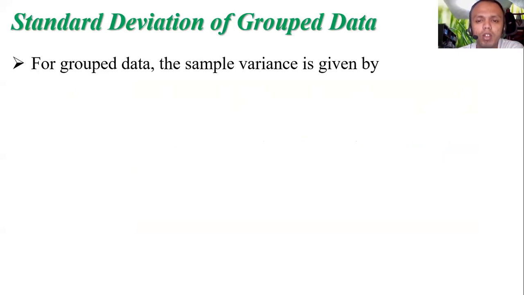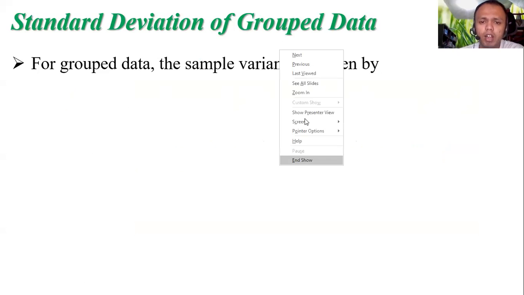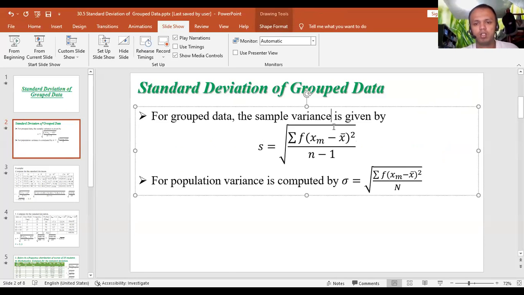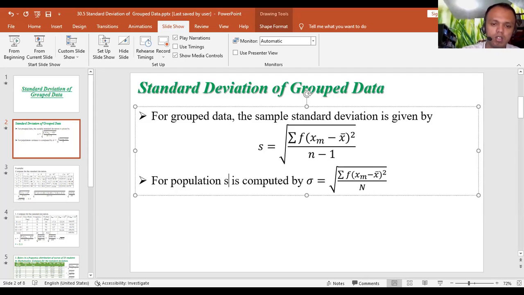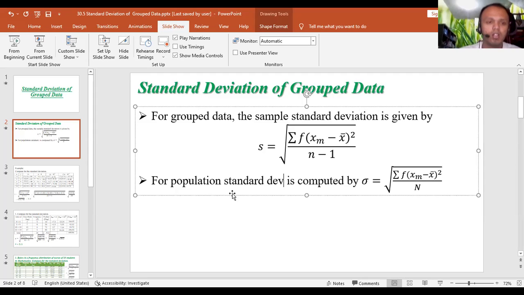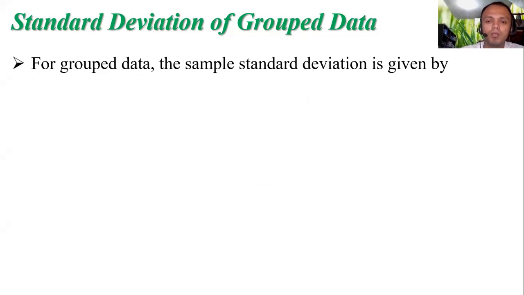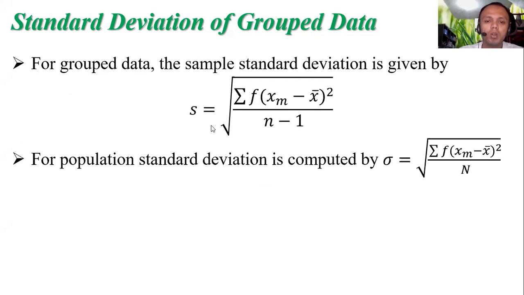Now for grouped data, the sample standard deviation, no, this is not a variance, is given by S equals the square root of the summation of frequency f times the squared deviation, all over n minus 1.